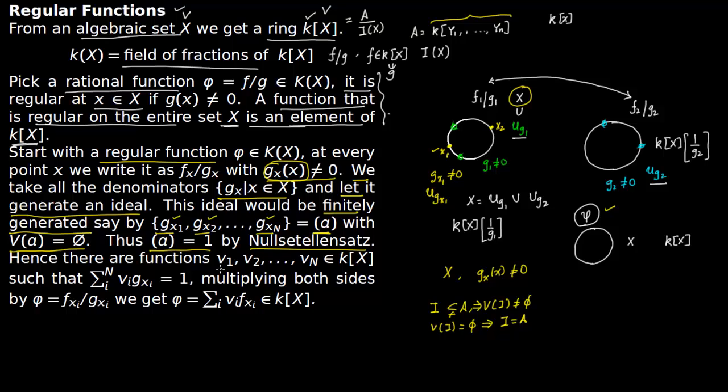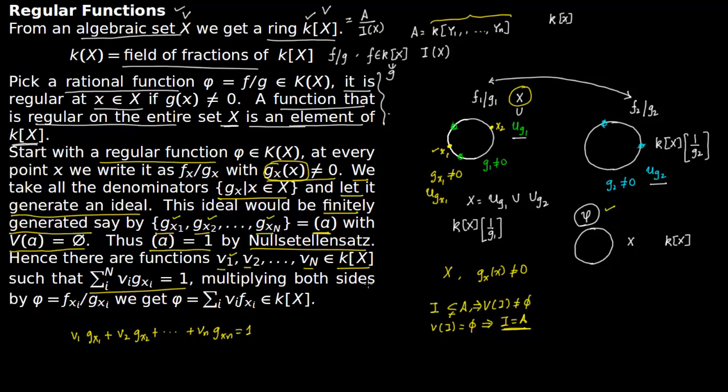Hence there are functions v1, v2, all the way to vn, which are polynomials, such that v1 gx1 plus v2 gx2 all the way to vn gxn is 1. We are simply saying that these are generating 1 because I is equal to A.